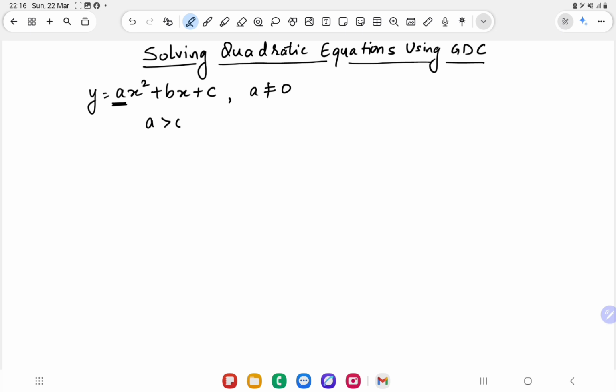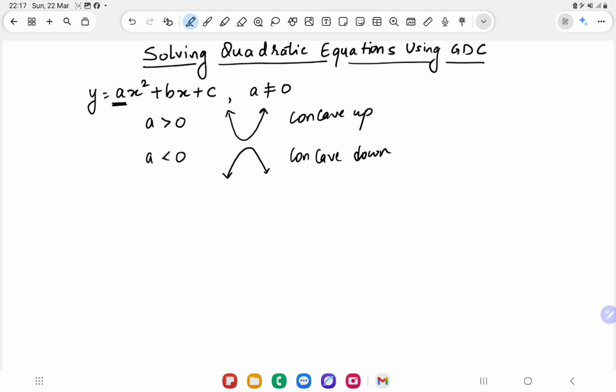If a is greater than 0, it produces a shape like this, known as concave up. And if this coefficient is less than 0, it produces a shape like this, known as concave down. So this is how we decide the shape of the quadratic equation.